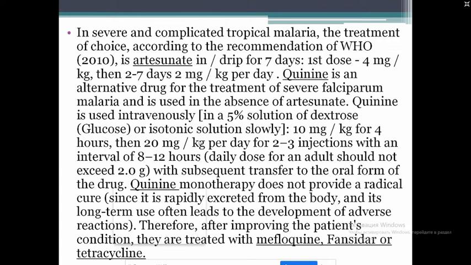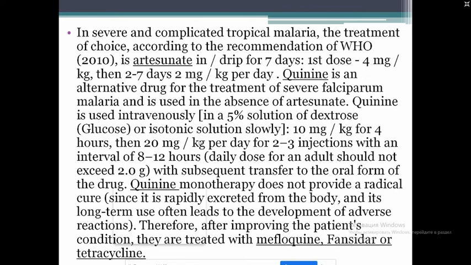quinine is an alternative drug for the treatment of severe falciparum malaria and is used in the absence of artesunate. Quinine is used intravenously in a 5% solution of dextrose or glucose or isotonic solution slowly, 10 mg per kilogram for 4 hours, then 20 mg per kilogram per day for 2-3 injections with an interval of 8-12 hours.